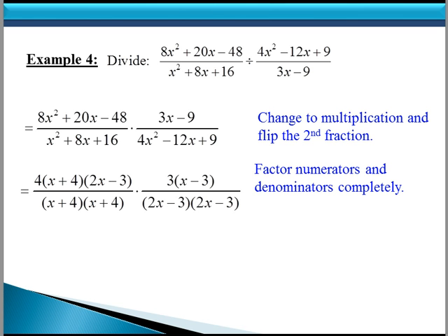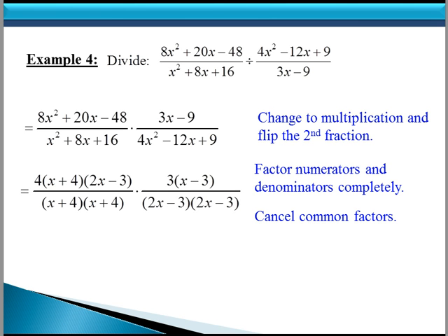In the numerator of the second fraction, we can pull out a common factor of 3, so we end up with 3 times x minus 3. And 4x squared minus 12x plus 9 factors into 2x minus 3 times 2x minus 3. So everything is factored completely. That's what we always want to do first when we're multiplying two rational expressions together.